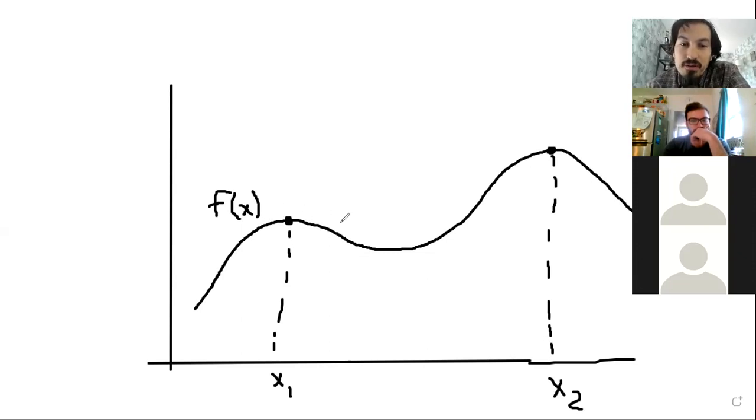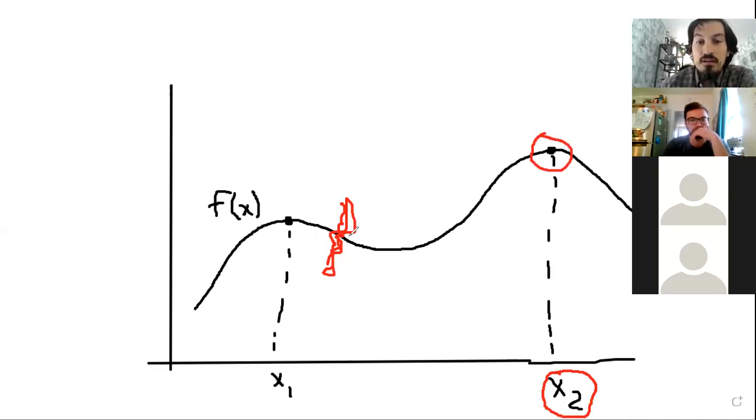The problem is somewhere right around here, where I've made this red squiggle. It seems like the function stops being concave and starts being convex. And in fact, it's the fact that f is now changing from a concave function to a convex function that's the whole issue that even allows x2 to be the true global max, right?